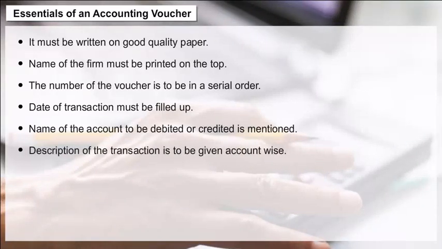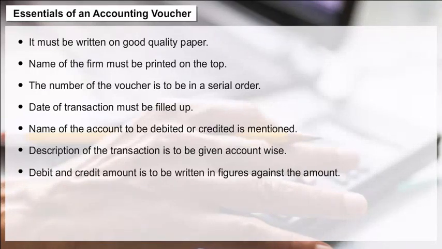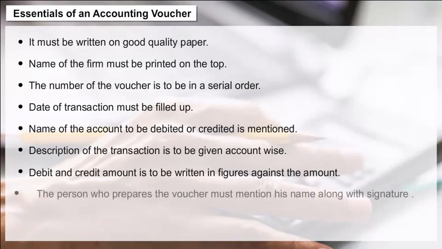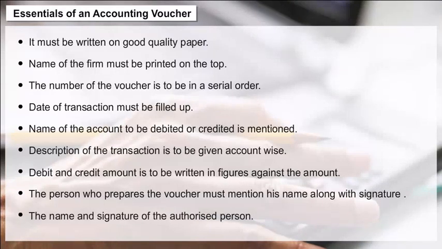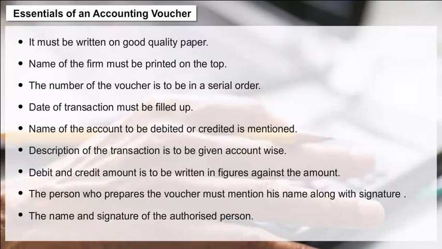A description of the transaction is to be given account-wise. Debit and credit amounts are to be written in figures against the amount. The person who prepares the voucher must mention his name along with signature. The name and signature of the authorized person are mentioned on the voucher.